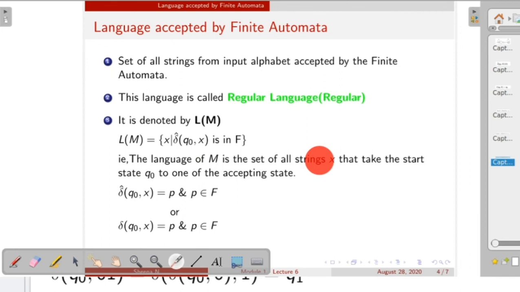The language of M is the set of all strings x that take the start state q0 to one of the accepting states.